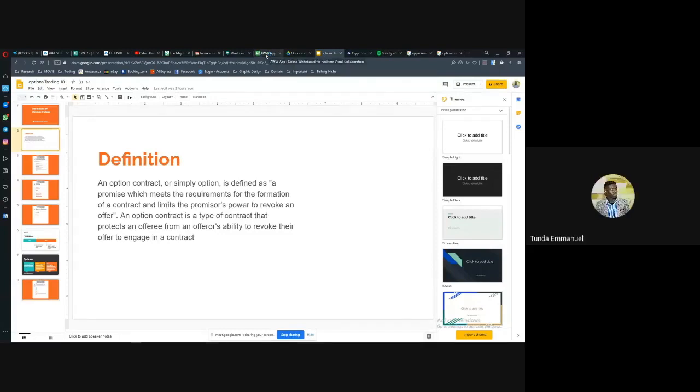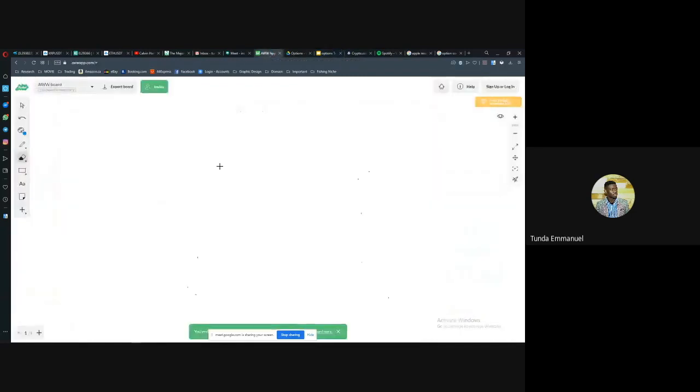So an option is actually a contract which you can find in many securities, such as stocks, as well as in insurance and so many other securities. I'm going to do a little bit of drawing here.